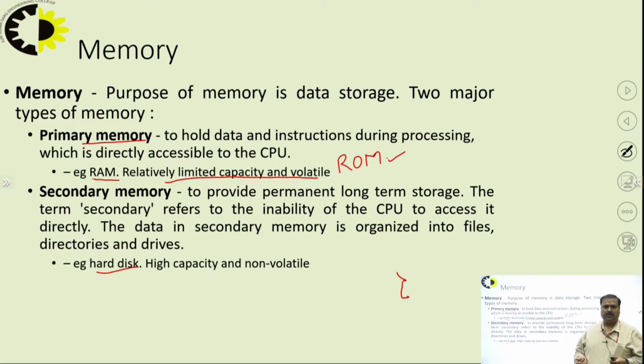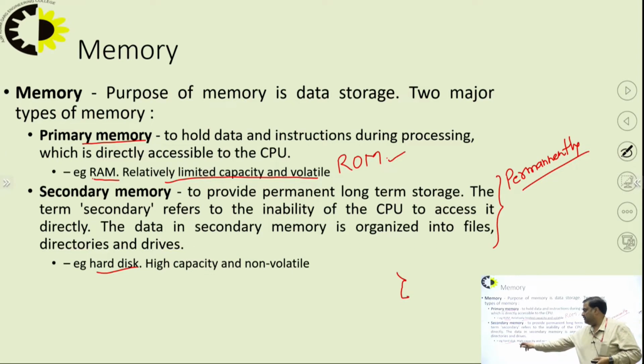Examples of secondary memory are the hard disk, the pen drive, and CD-ROM, where data is generally stored permanently. If we are storing data permanently, it is treated as secondary storage. Generally, they have high capacity and are non-volatile.